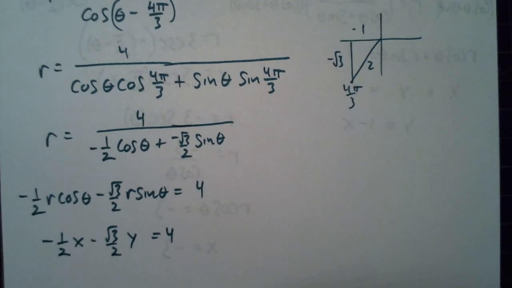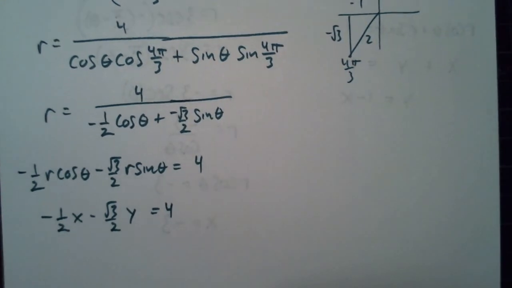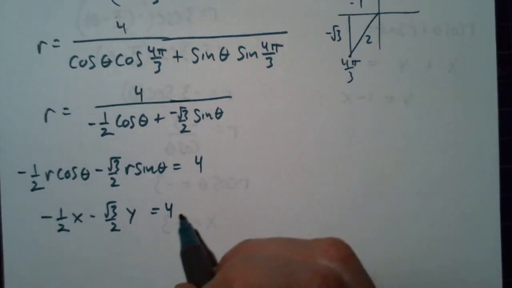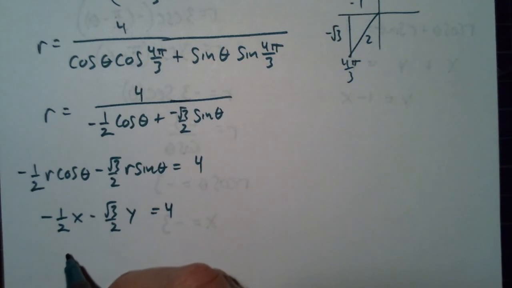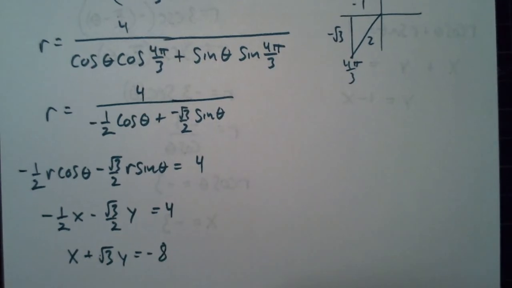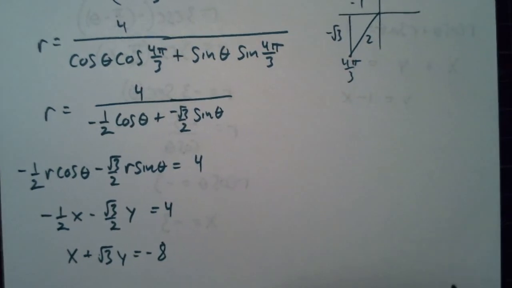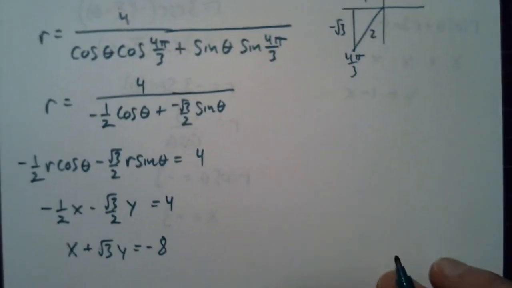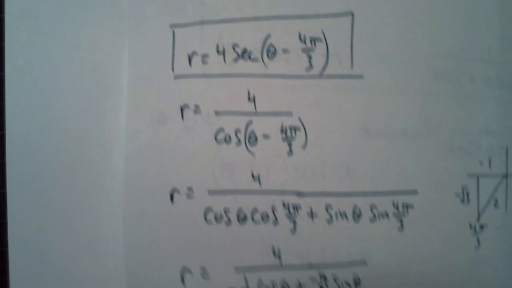So we have an equation there. And I guess to put it in standard form, we could multiply by negative 2. All right. And one more.